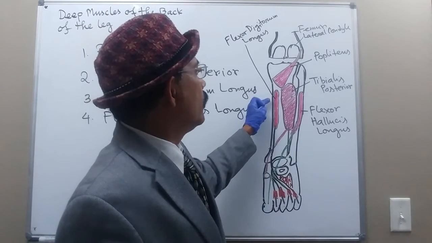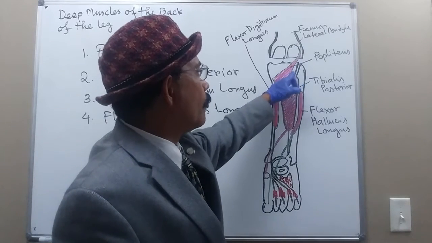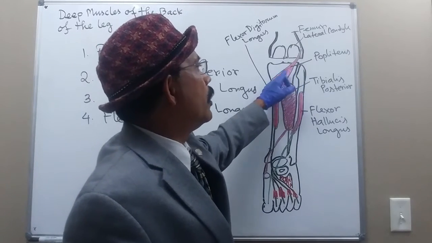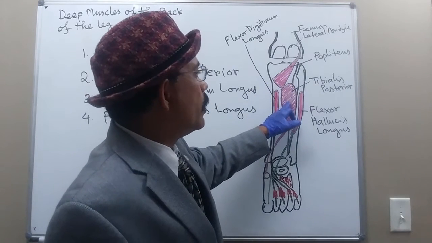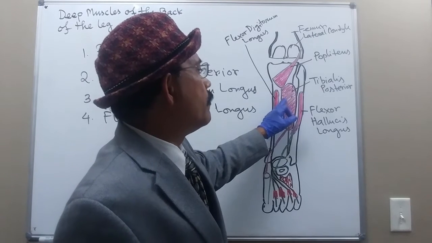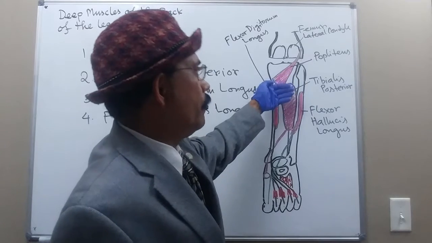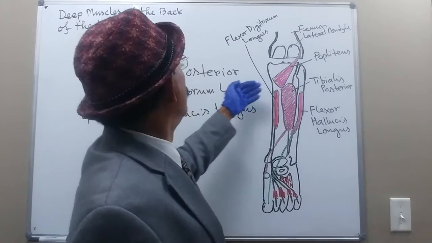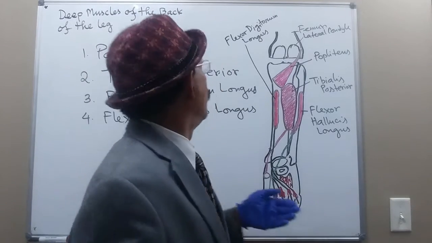Flexor Digitorum Longus takes origin from the tibia below the soleal line. Above the soleal line we have the Popliteus. These are all on the posterior aspect of the tibia and fibula, because we are dealing with the deep muscles of the back of the leg.